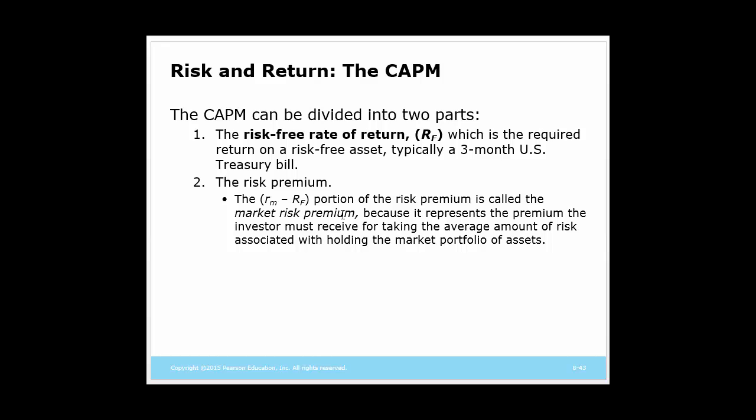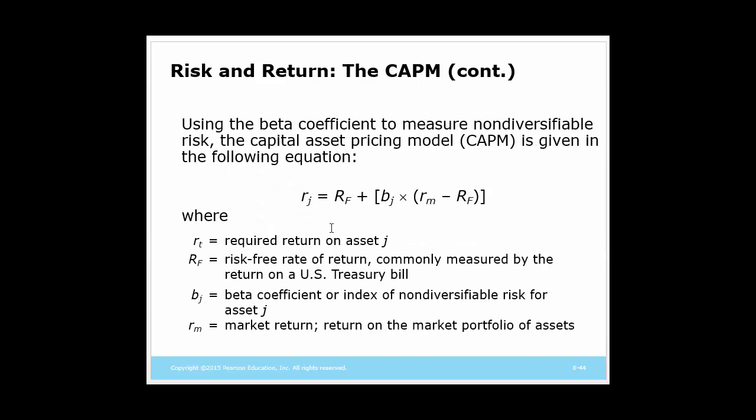Well, part of that risk comes from the stock market. R sub M, that's the return on the stock market, minus the risk-free rate is what we refer to as the market risk premium. So we know there's the risk-free rate, and then there's also a risk for investing in the stock market. So when we look at the formula, this is referred to as the security market line formula.